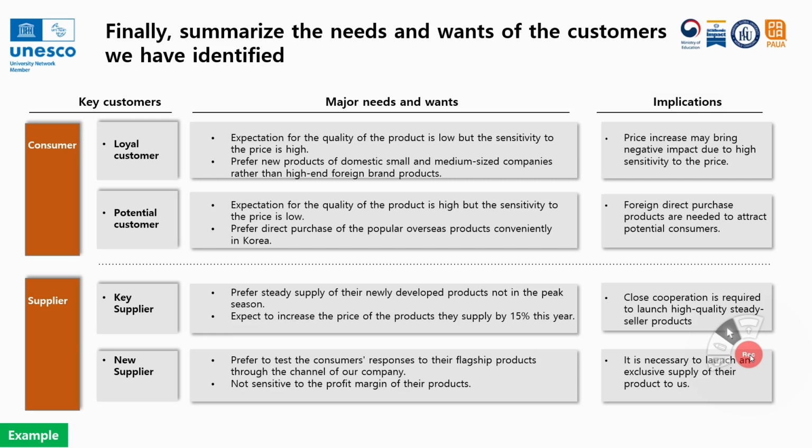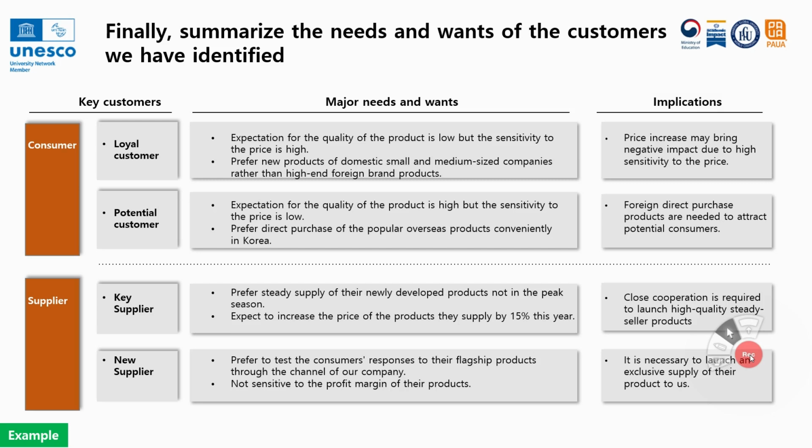Okay, it seems to me that they are providing the products to us in some peak season, but the purpose of supplying the product to us is that they want a steady supply of their product, especially their newly developed products. Okay, and also they want to increase the price of their products they supply to us by 15% this year. Okay.